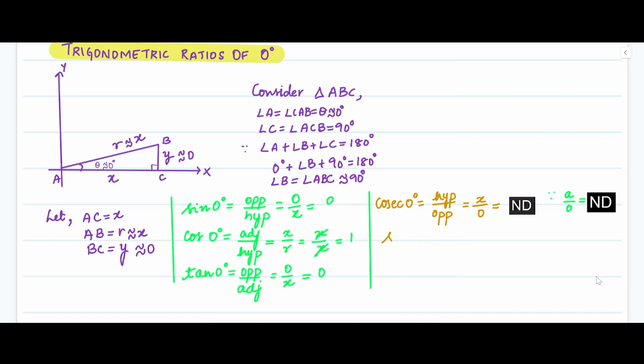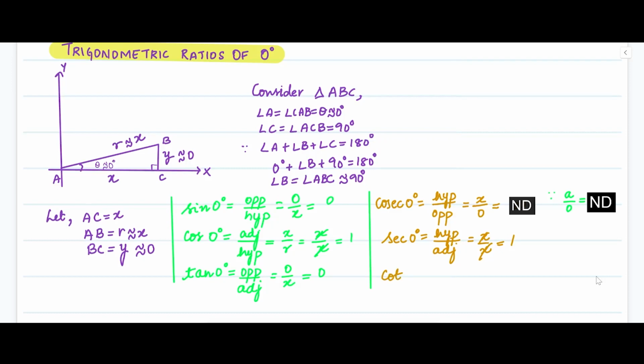Next is our secant theta, that is secant 0 degrees, which has the definition hypotenuse by adjacent. Here we can see that secant theta is the reciprocal of cos theta. Hypotenuse side of a triangle is equal to x, and our adjacent side of a triangle is equal to x. So it will be x divided by x, which is equal to 1.